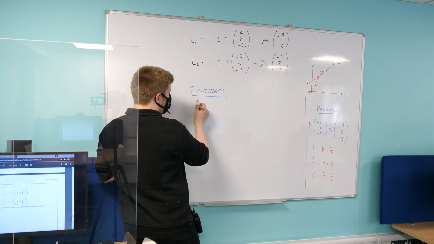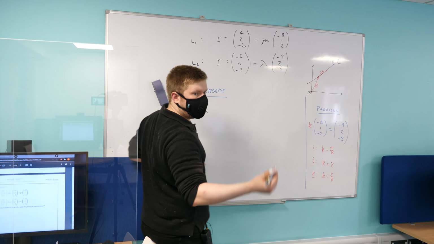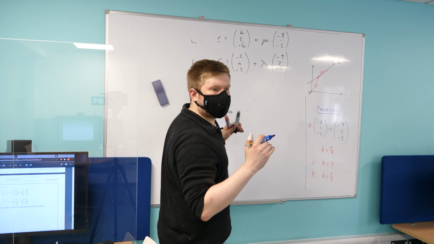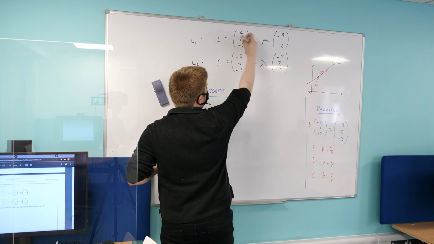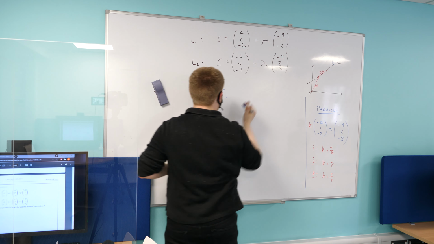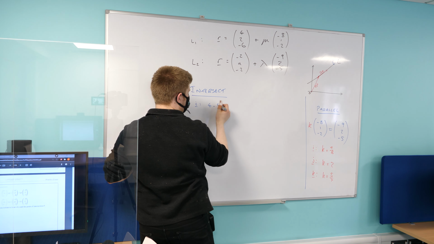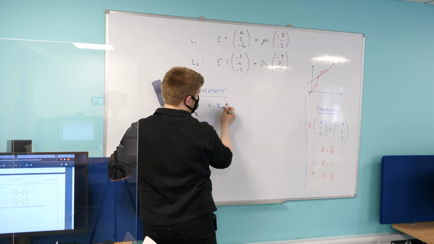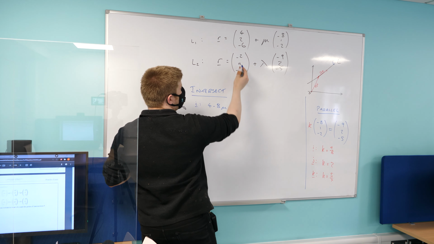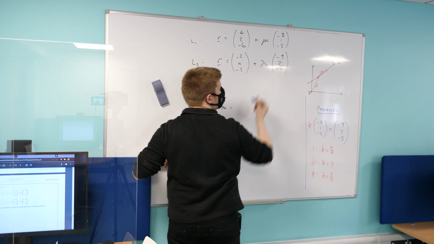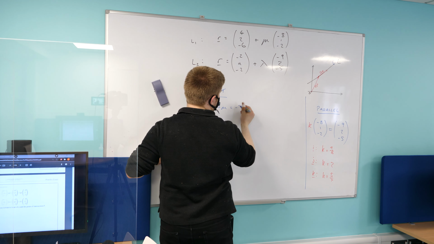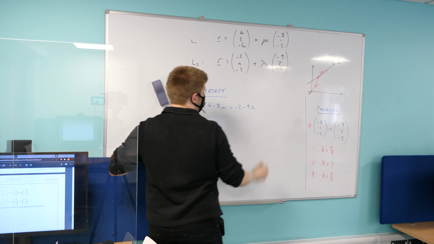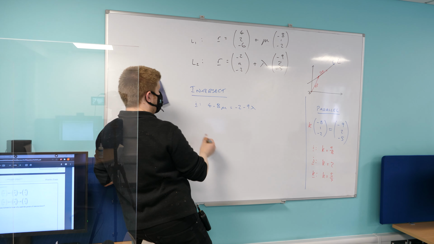Now, are you happy that if I break it down into the ijk direction? I can say 4 plus lambda lots of negative 8, so that I could write as 4 minus 8 mu, should be equal to negative 2 plus lambda lots of negative 9. So that would be negative 2 minus 9 lambda. So that's my i direction.